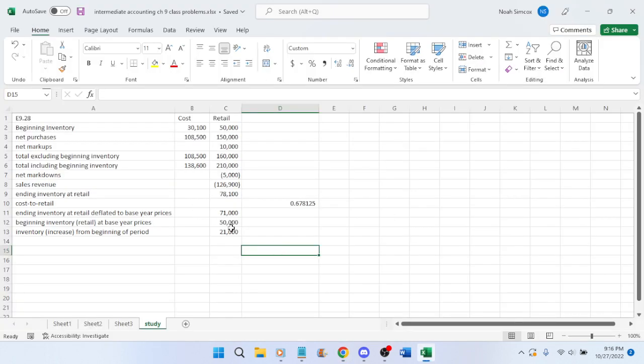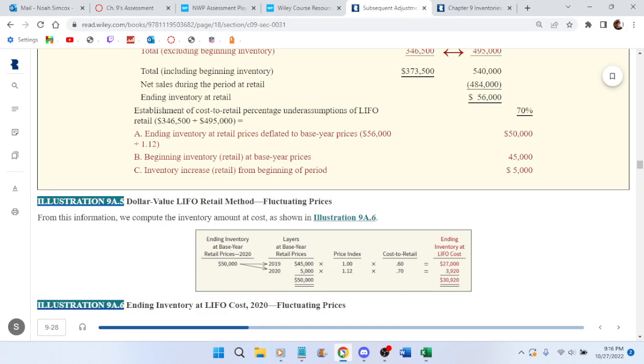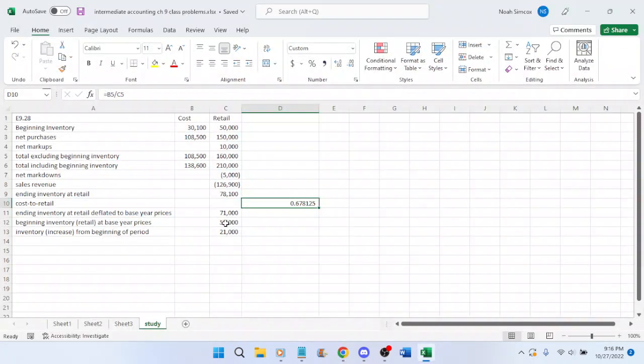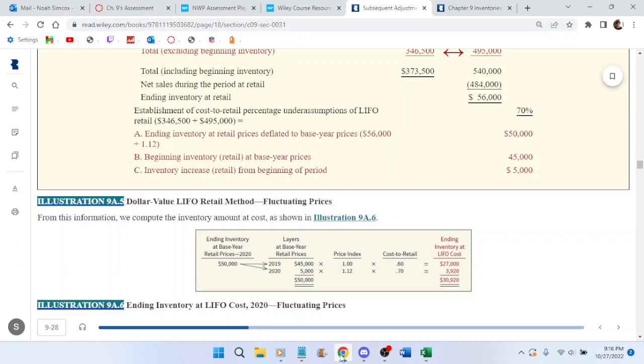That's funny. You do this number multiplied by 1.1 multiplied by this number, and then you do 50,000 times 1.0 times 6.6.